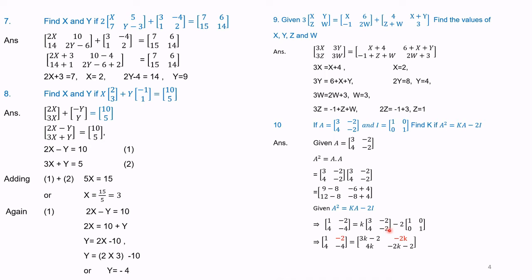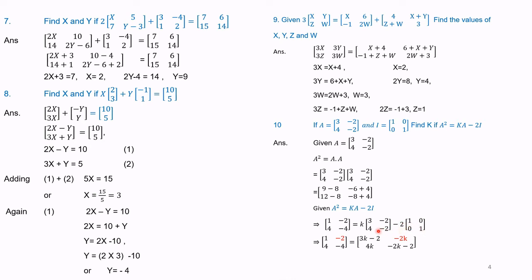And we have to perform again the subtraction of the left matrix and second matrix. So, the second matrix is 2, 0, 0, 2. That is scalar multiplication.